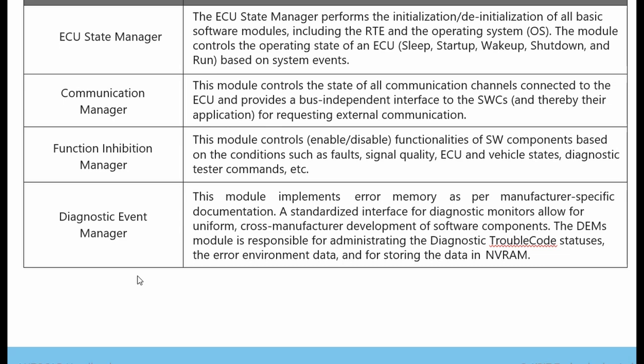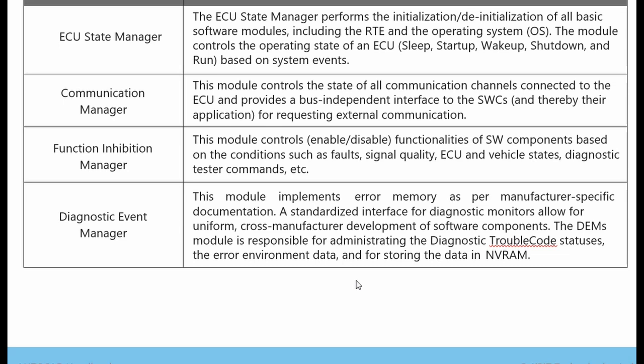The DEM module is responsible for administrating the diagnostic trouble code status and the error environment data for storing the data in NVRAM. As I already told you, DEM is nothing but it will log if any error occurs in the ECU.